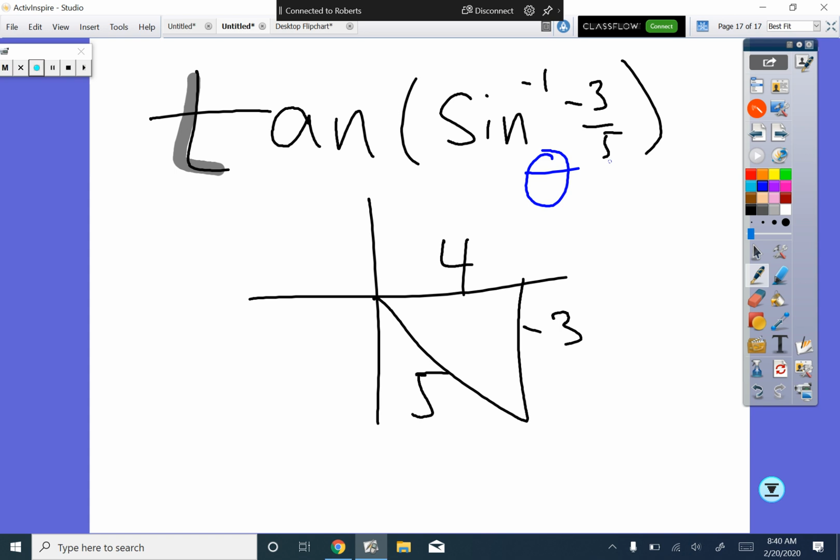So we'll put theta here. We're trying to find the tangent of theta, right? And what is the tangent of theta? -3/4. That would be it.